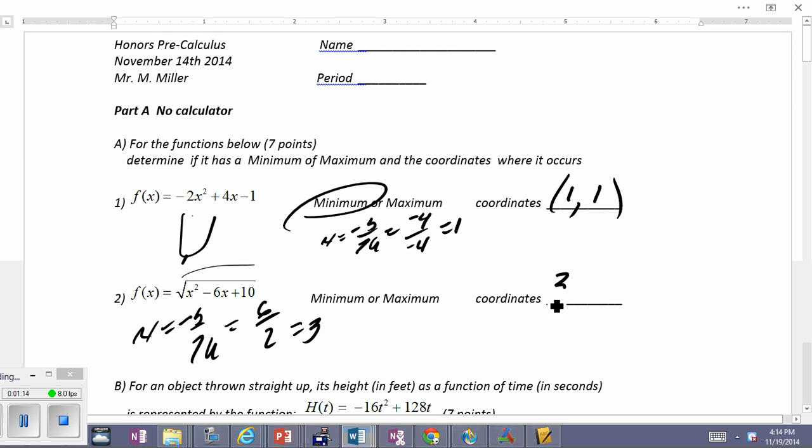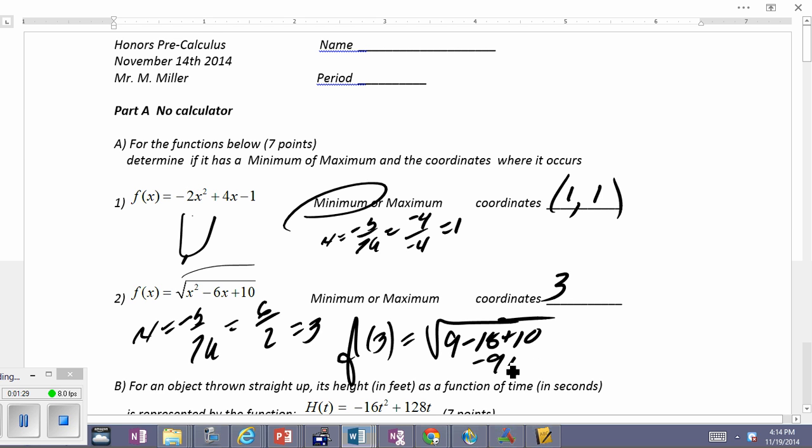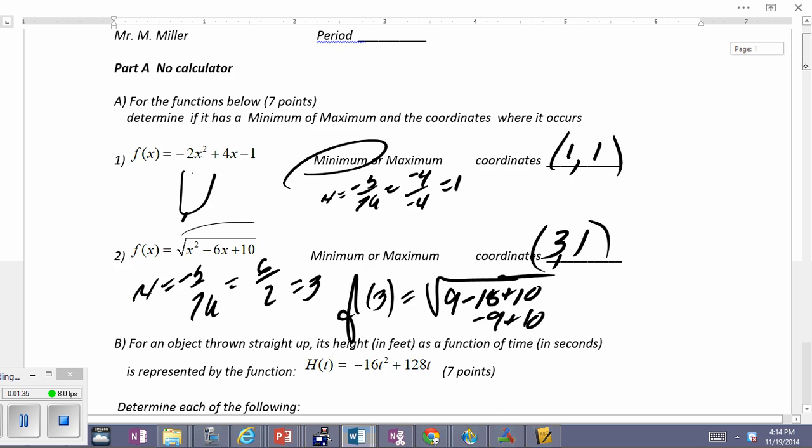So we got 3. And what is the y coordinate? F of 3, which is the square root of 9 minus 18 plus 10. So that's negative 9 plus 10, which is 1, the root of 1, which is 1. So it's 3 comma 1.